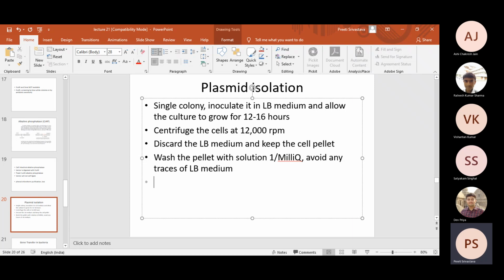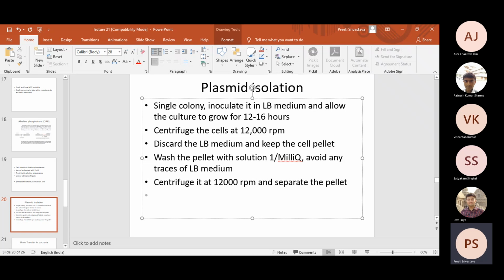So every cell is now surrounded with a thin film of Milli-Q or solution 1, and then when you centrifuge it at 12,000 rpm, you get the pellet. So this pellet is now ready for plasmid isolation because it doesn't contain any remnants of media.